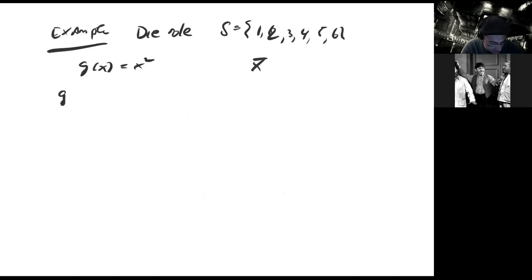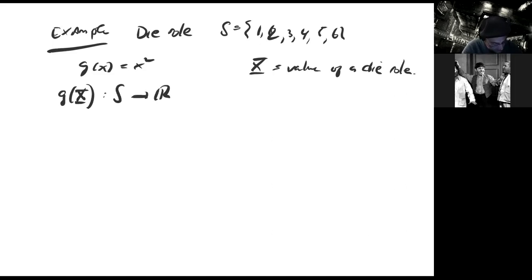X is the value of a die roll. So that's our measurement. So what is G of X? Well, that's a function from S to R, and it's going to send a number i between 1 and 6 to i squared, clearly.